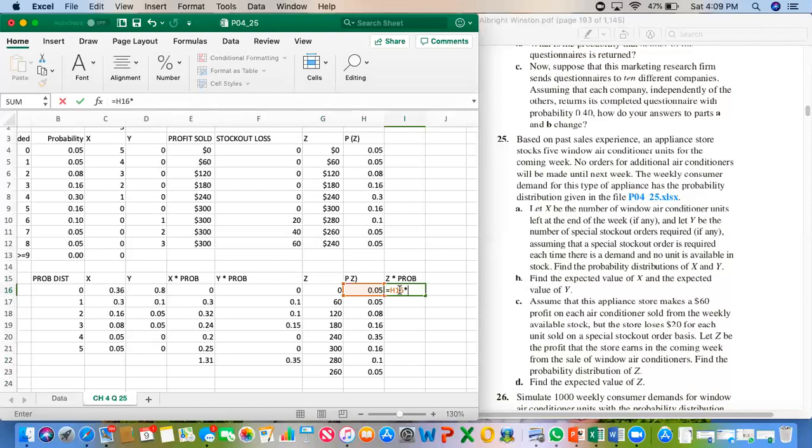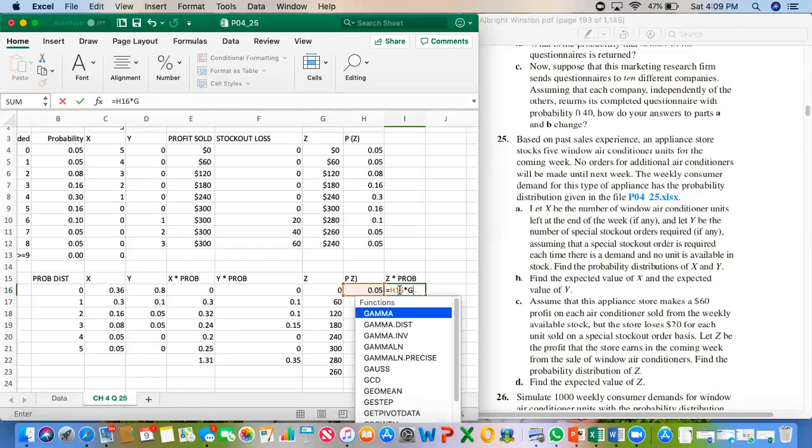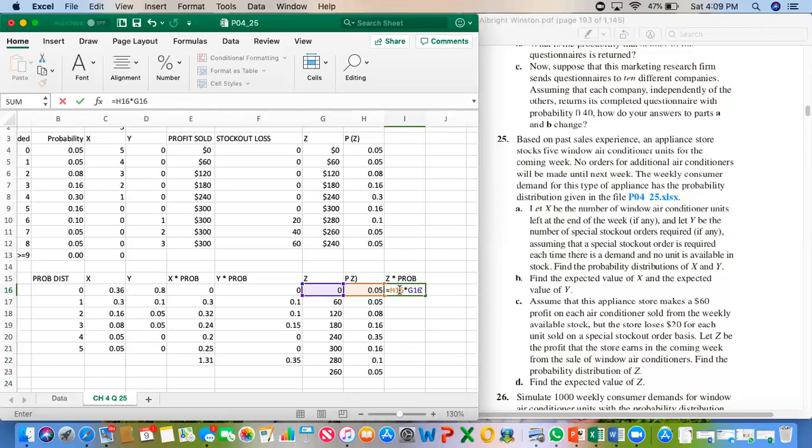And that is G16. Perfect. Cool. And copy that down. I think you missed. Swing and a miss. It's okay. You did it again. Oh my God, what's wrong with me? Watch this.